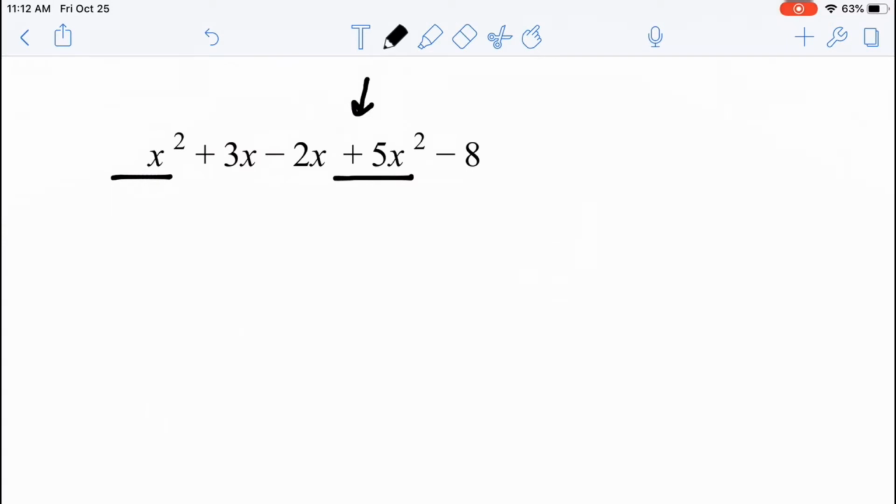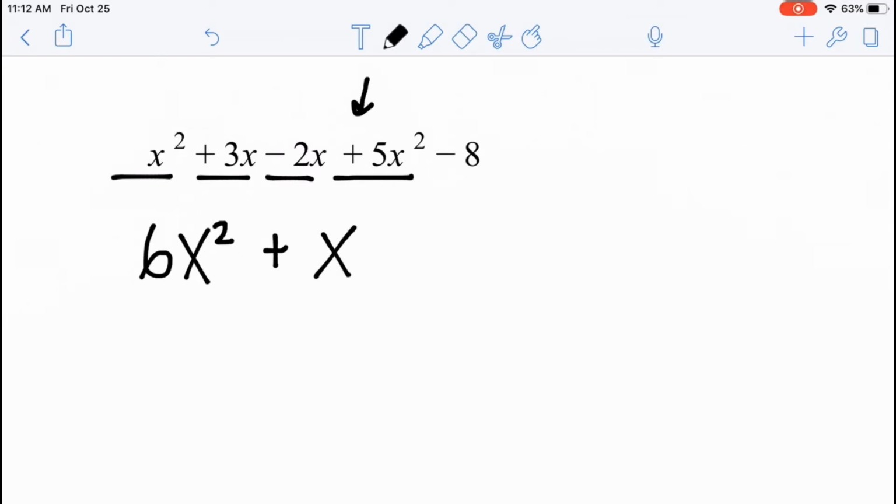Okay? So this is 1 plus 5. There are no other x squareds, so we're going to do 6x squared. Okay? Then we have plus 3x minus 2. So this is 3 minus 2. 3 minus 2 is 1, so it's plus x.